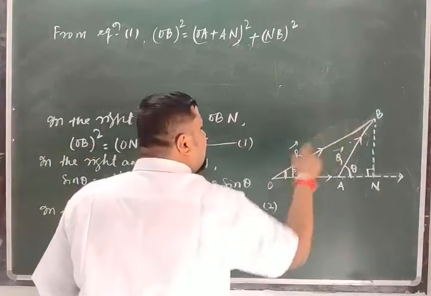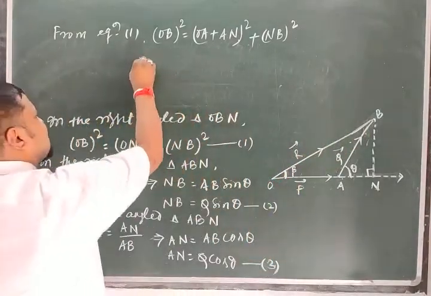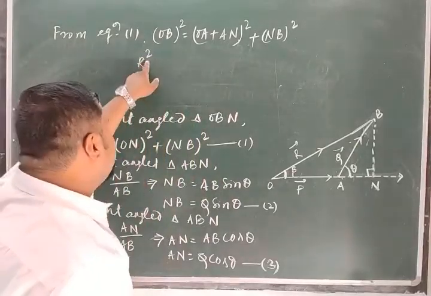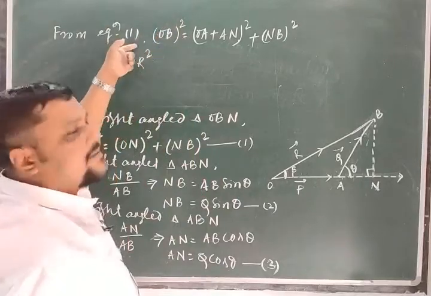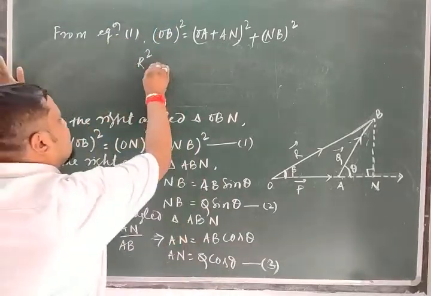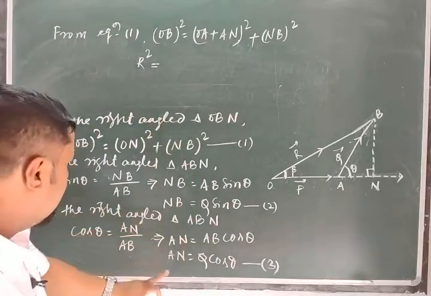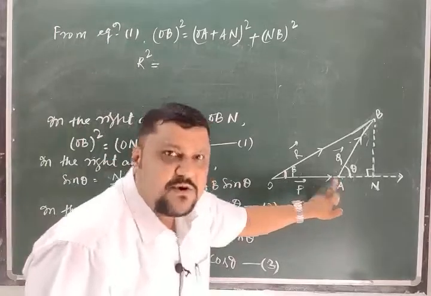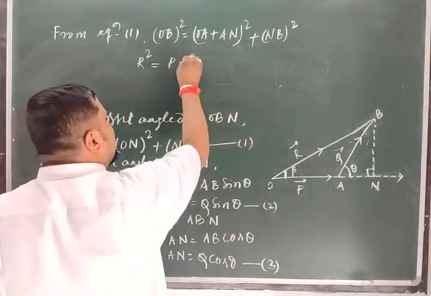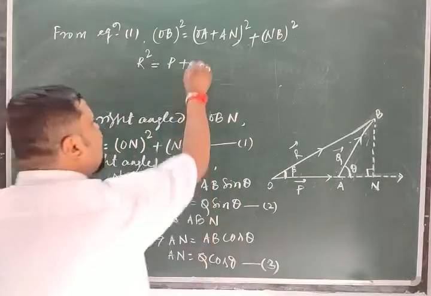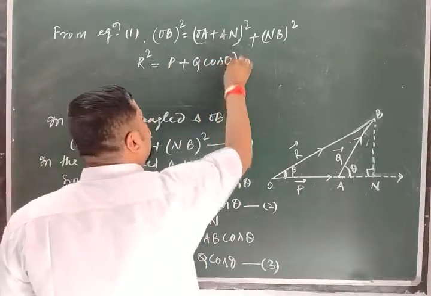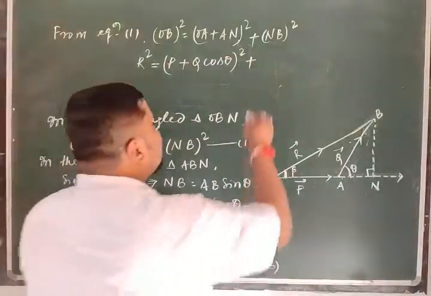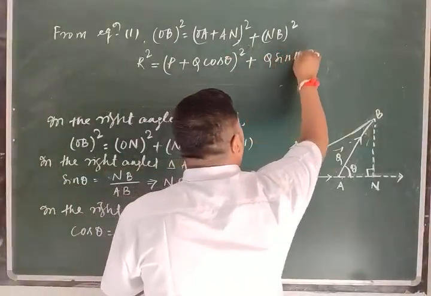OB is the magnitude of R. So I can take this R square, only the magnitude part. If your vector R is there and you take the square, it is R square, magnitude square. So R square is equal to, what is OA? OA is the magnitude of P. P plus, what is AN? Q cos theta, whole square, plus NB. What is this NB? Q sin theta, whole square.